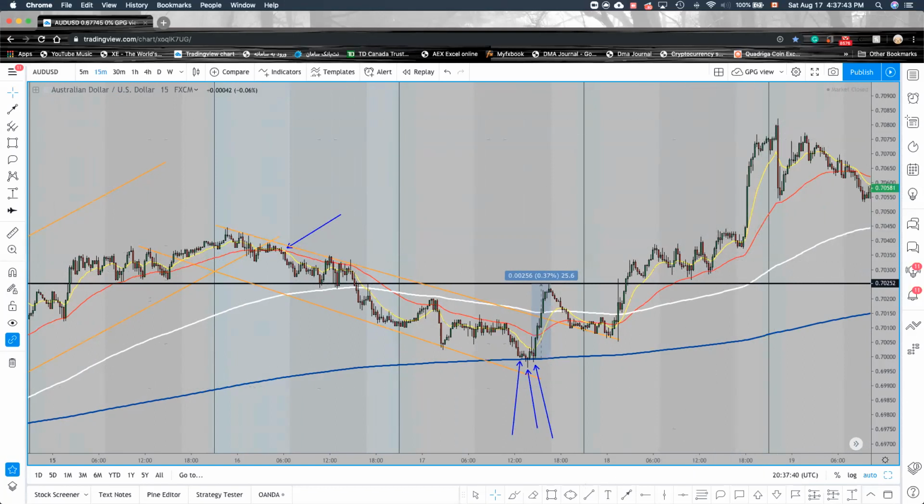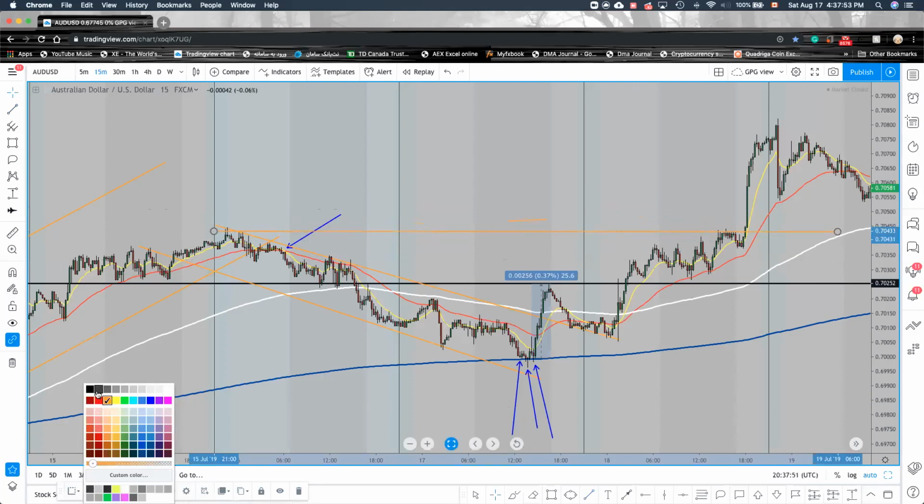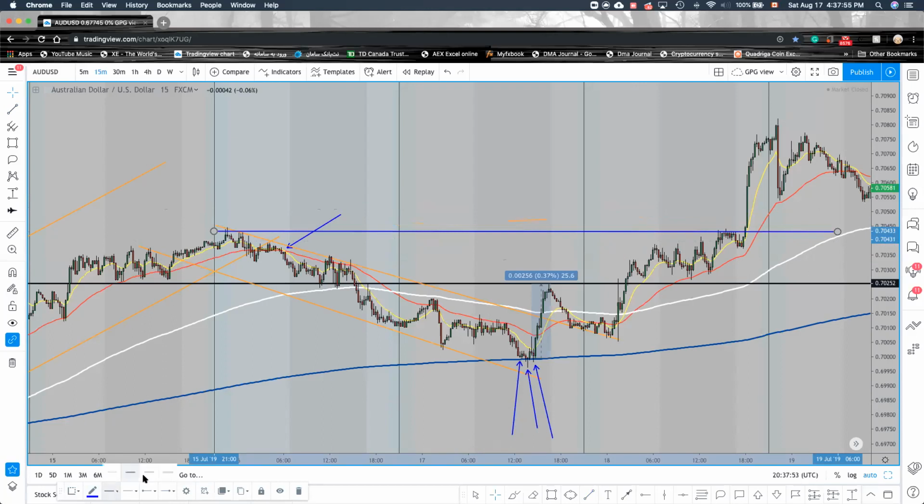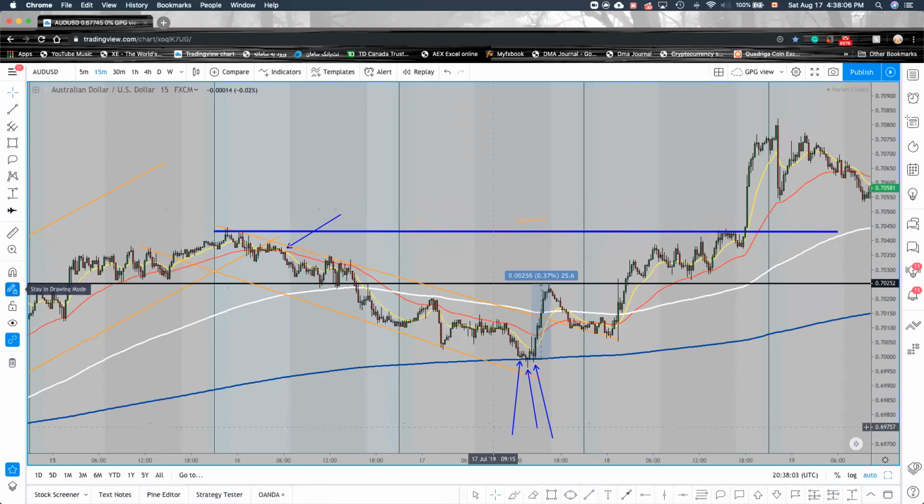But let me tell you at the same time what retail traders think. Yeah, you think they're smart? I don't know what you think, but look at this resistance. All right, so price, let me just put it in drawing mode.